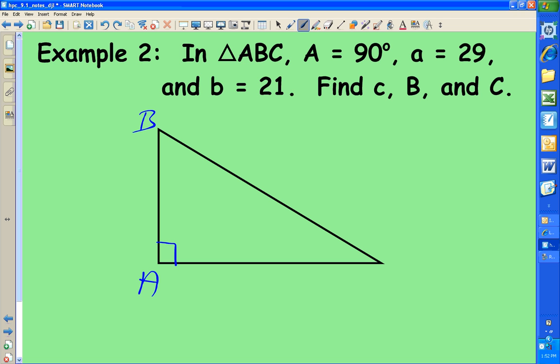B here, C here, that's fine. If this is B, how long is this side? 21. And this side is 29. And this side is, okay, little c. And we're supposed to find the two missing angles and the missing side.